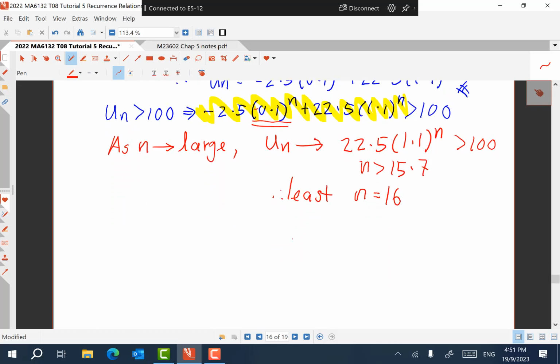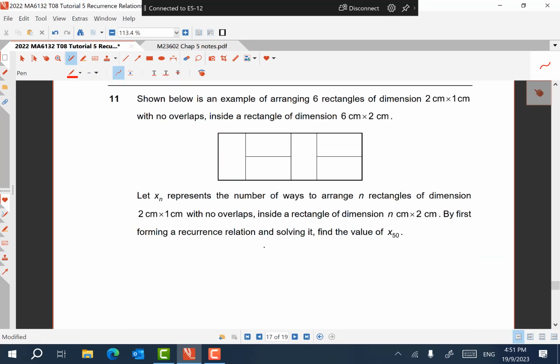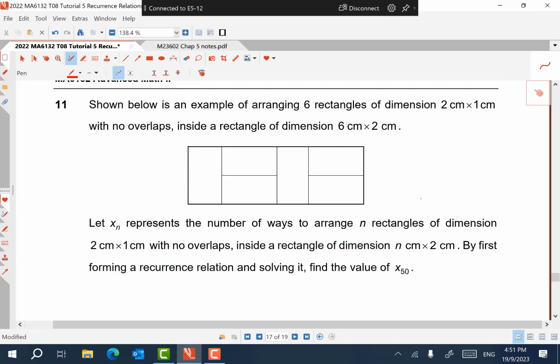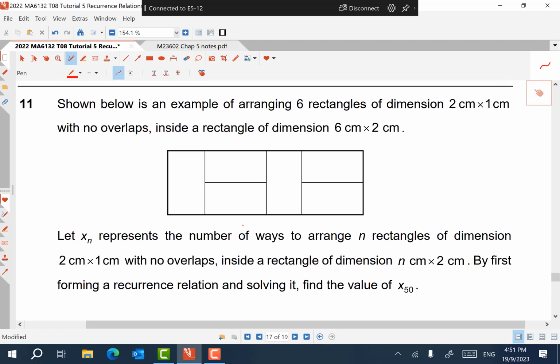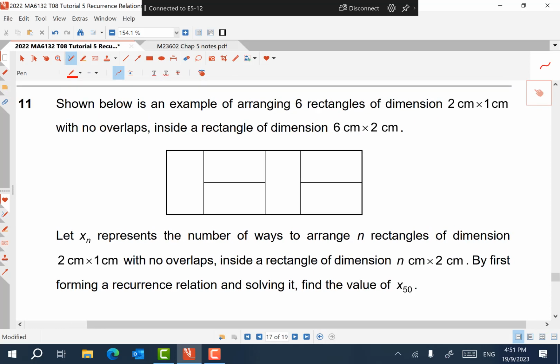Actually, number 11 is very interesting. San Chen, I bet you're doing math.